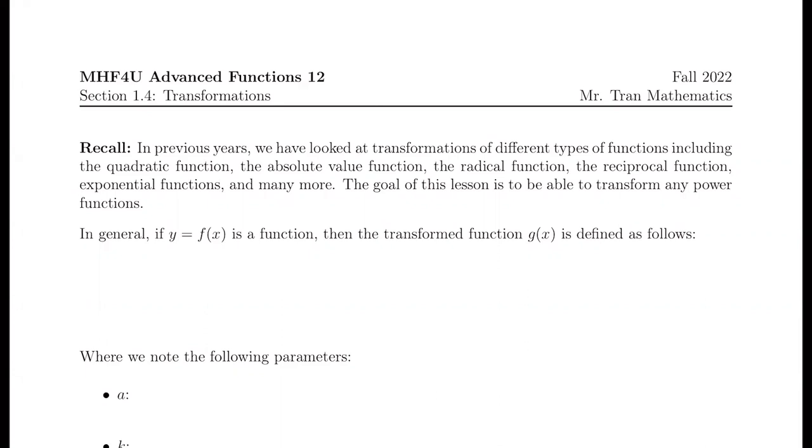In today's lesson, we're going to talk about transformations of power functions, and then later on, we'll talk a little bit about the transformations of polynomial functions. Recall that in previous years we had a look at transformations of different types of functions, including the quadratic function, the absolute value function, the radical function, the reciprocal functions, the exponential functions, and many more.